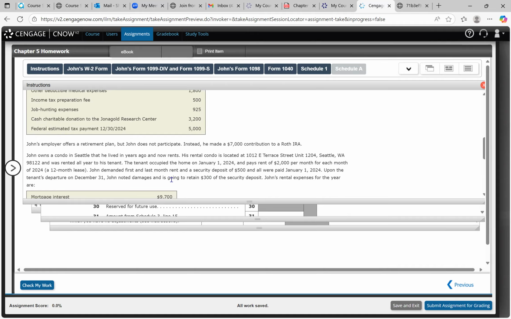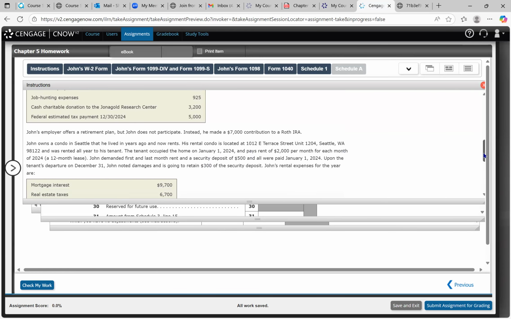There were damages, and so he did reimburse. There was a $500 security deposit, but he kept 300 and returned the rest. So we will have to show that $300 of income that he decided to keep due to damages.